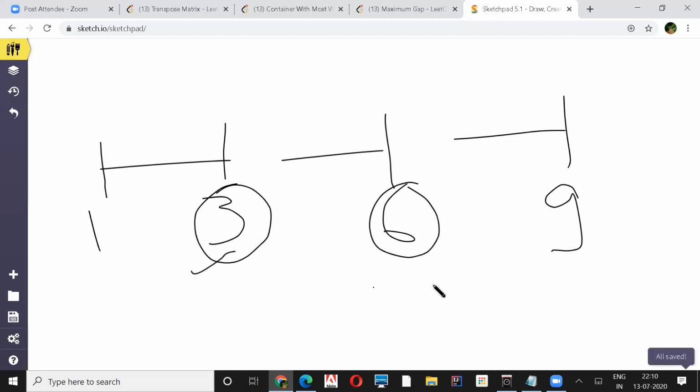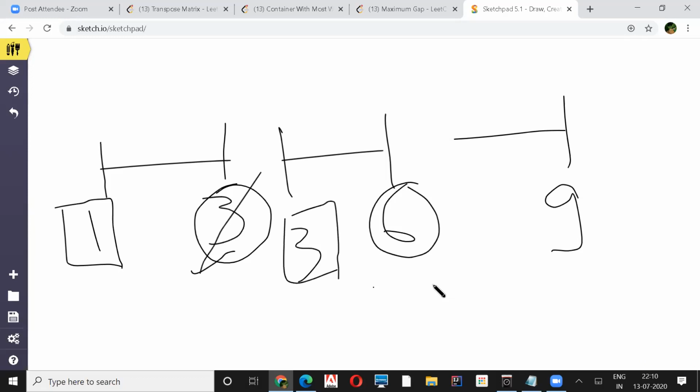Okay, you're telling maximum lies at 1. Yeah, so that's the maximum of the previous bucket, and then the minimum of the next bucket will be at 3. Okay. So if we subtract, the difference would be the size of the bucket, right? Yeah.